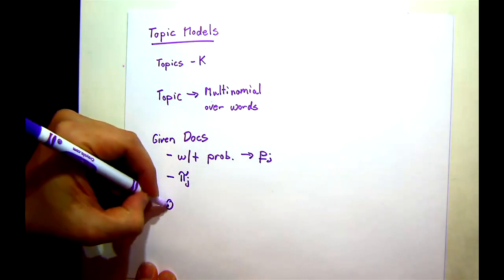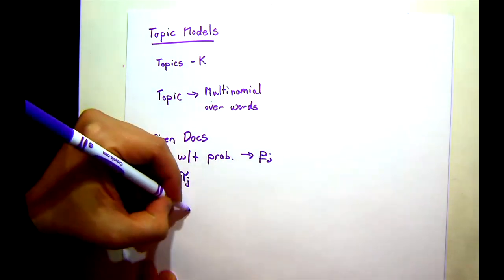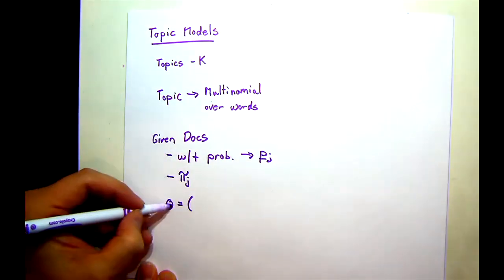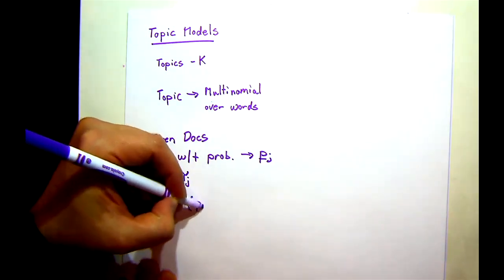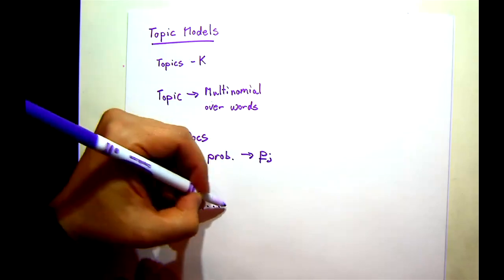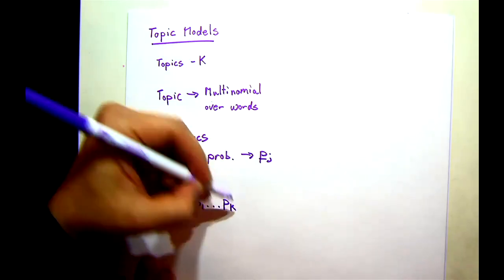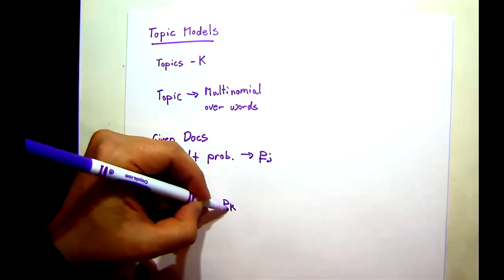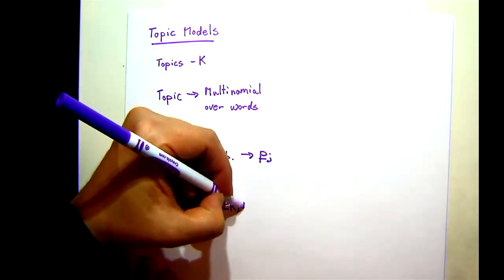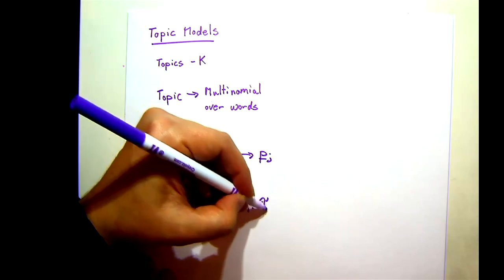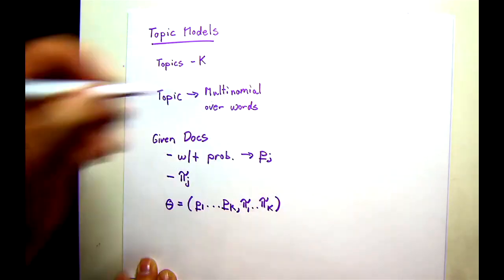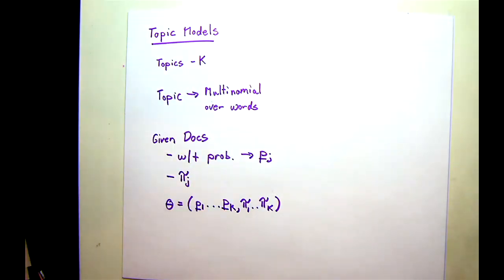Again, we're going to represent this theta as all of the parameters. You'll have these p-values, one for each cluster, and they're vectors of the probabilities. Anytime I say cluster here, you can substitute topic.